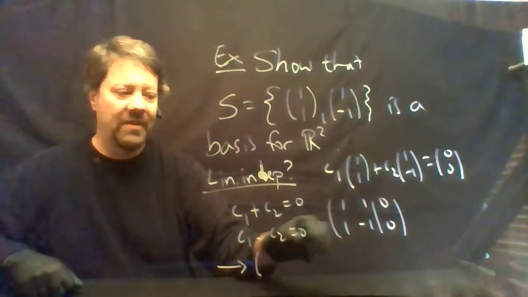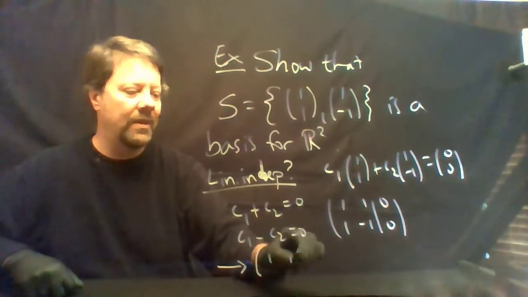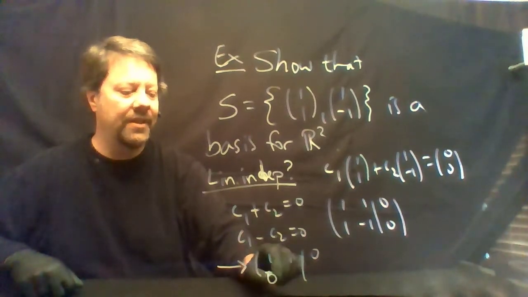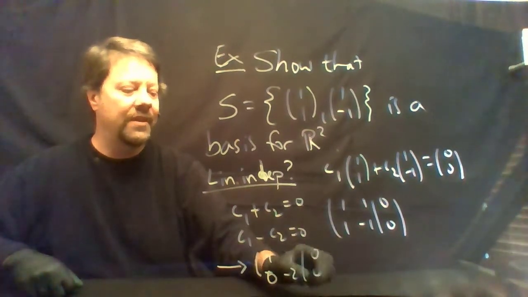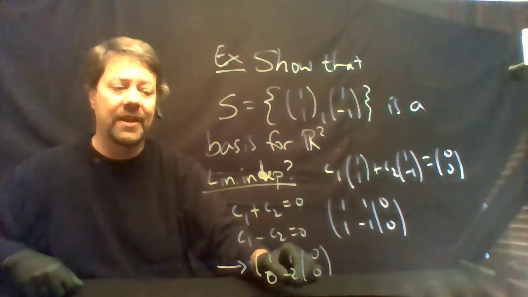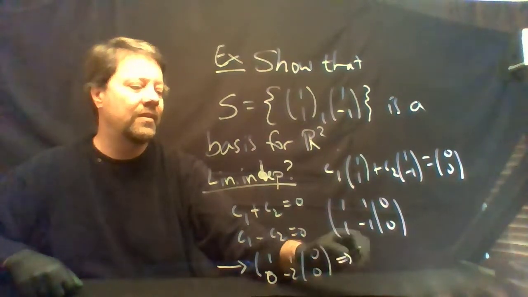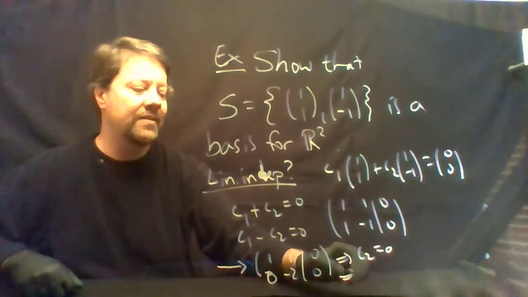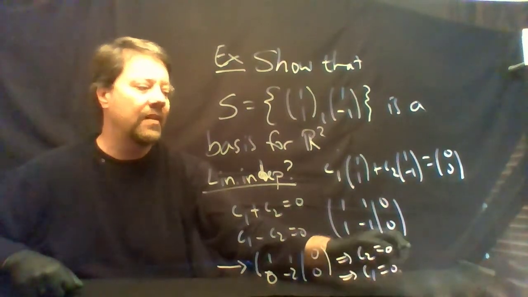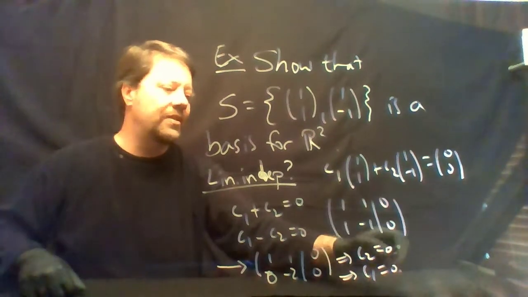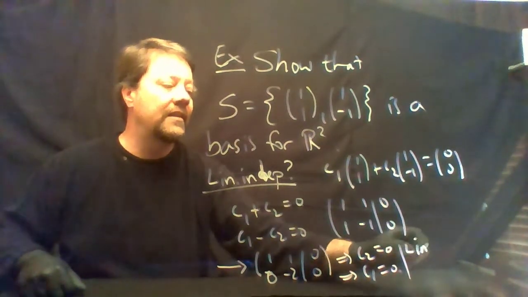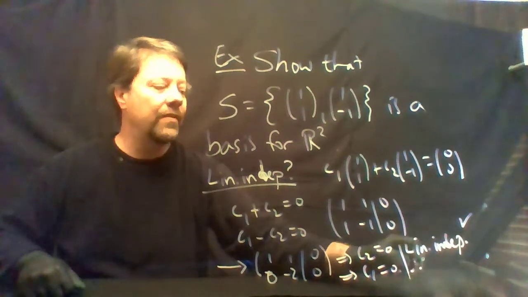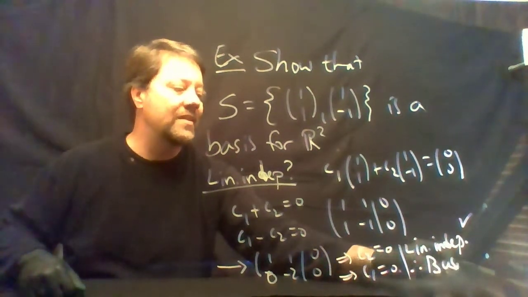We find an echelon form, 1, 1, 0. We'll subtract 1. We'll get a 0 here, a negative 2 here, and then 0. So negative 2 times C2 is 0. That means C2 is 0. If C1 plus C2 is 0, that implies C1 is 0. Since the constants have to be 0, we deduce that it is linearly independent. Therefore, it is a basis.